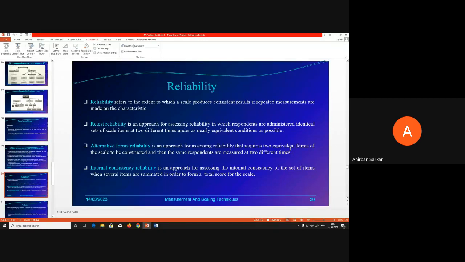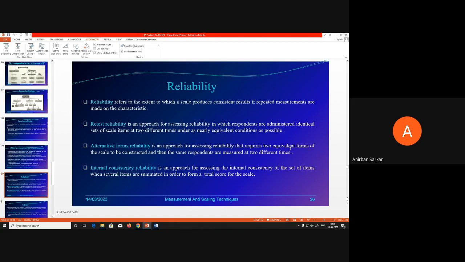What is internal consistency reliability? It is an approach for assessing the internal consistency of a set of items when several items are summated in order to form a total score for the scale. Suppose there are say 20 statements or 20 items in the questionnaire, and for each individual item you are generating the score, and you are summing up the 20 items.